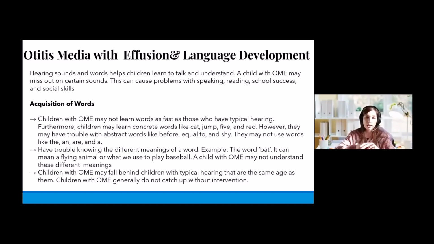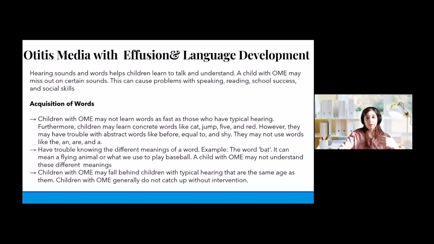Children with otitis media with effusion also can have trouble knowing the different meanings between words. So, for example, the word bat, as we know, can describe an animal or a type of sport equipment, and children with otitis media have been shown to not be very confident in knowing these several meanings for the same word. And I suppose important to note is that children with otitis media can fall behind children who are the same age, who have typical hearing, and don't catch up without intervention.